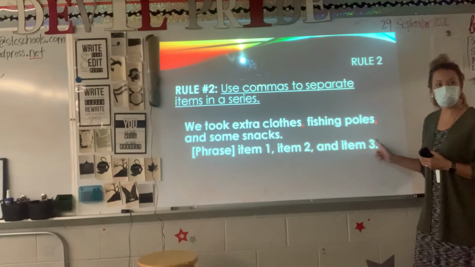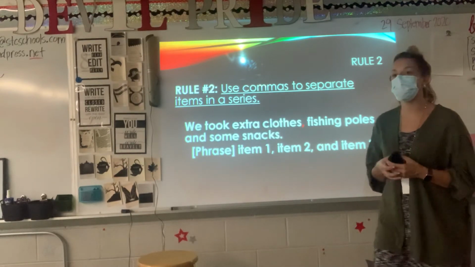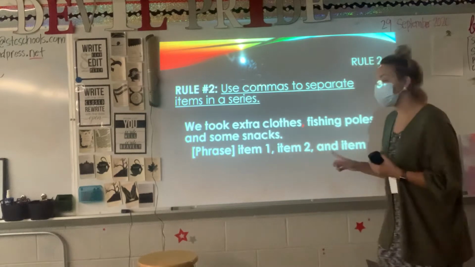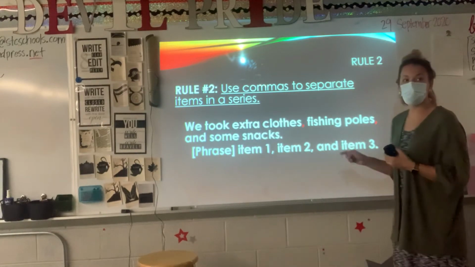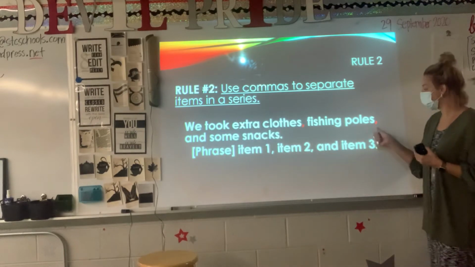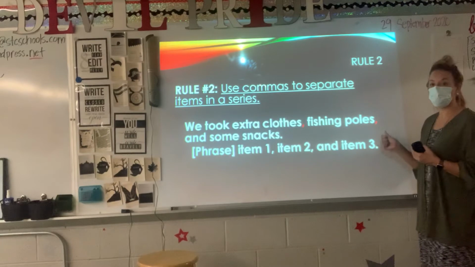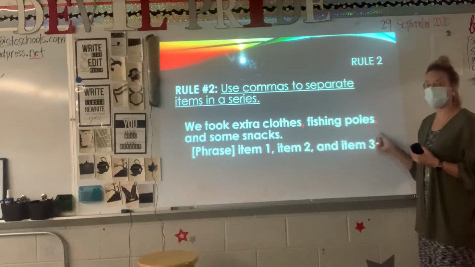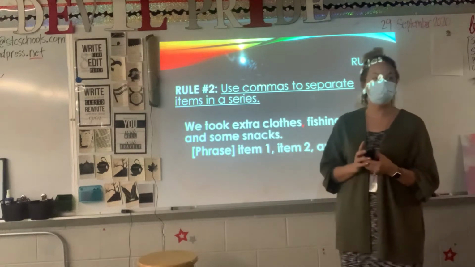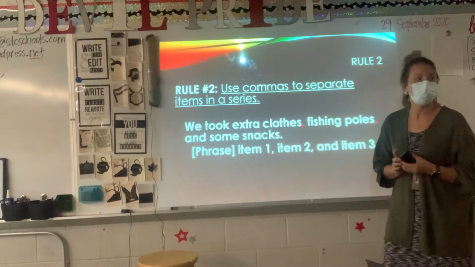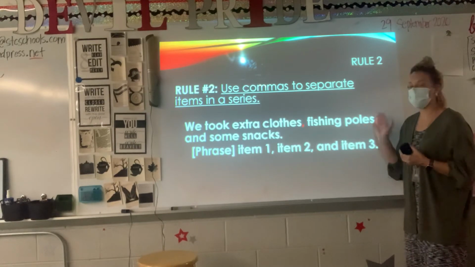You're going to start to see more in publishing, like newspapers and magazines, that they're leaving this out. However, for ACT purposes and for our purposes in here, you want to get used to using that Oxford comma. No one's going to tell you you're wrong if you use the Oxford comma. If you leave it out, there will be people who tell you you did it wrong. So just make sure in a list of things, you're putting commas everywhere.